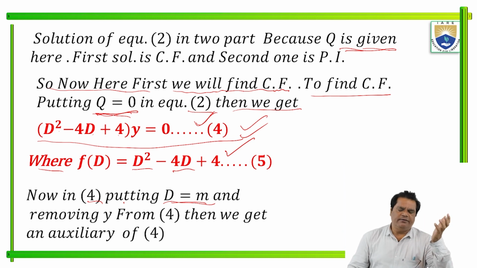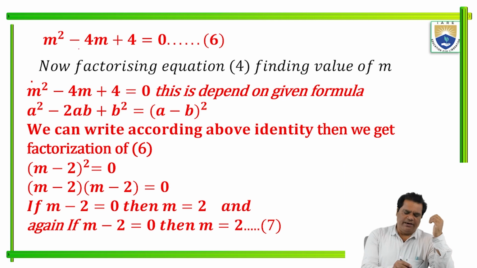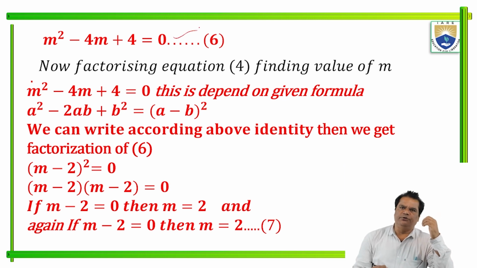Now in equation 4, put D equal to m, because we want an algebraic equation. How can we find the algebraic equation? In the D form equation with right hand side 0, put D equal to m and remove y from 4. Then we get the auxiliary equation of 4. So now m square minus 4m plus 4 equal to 0.